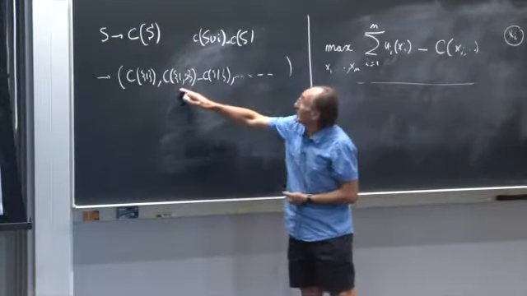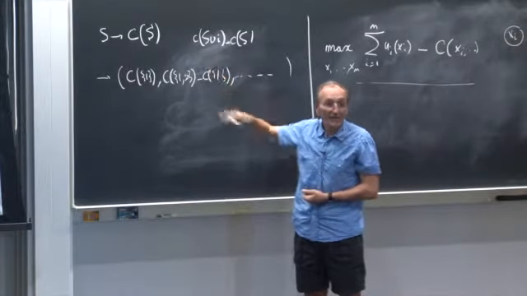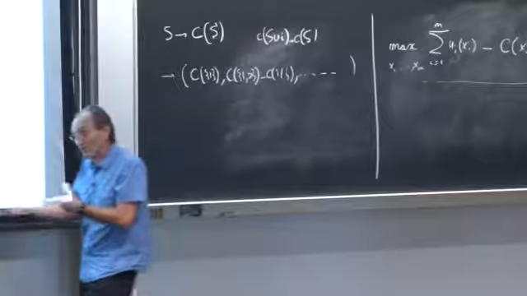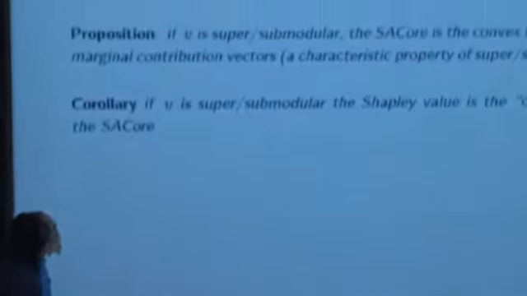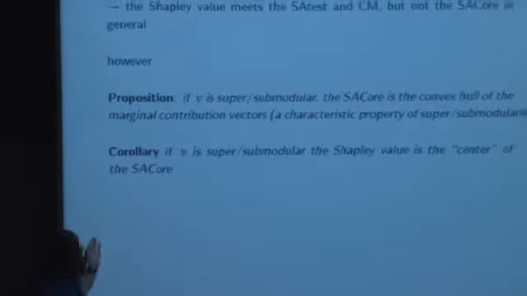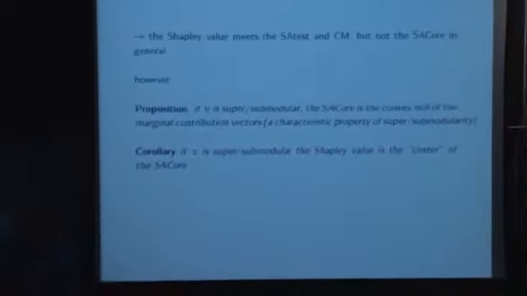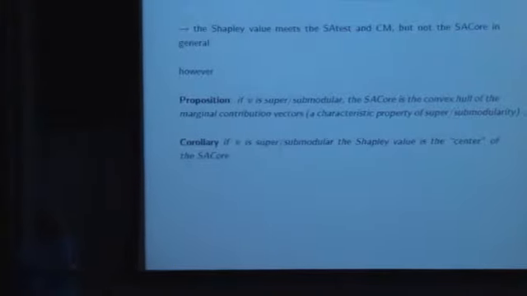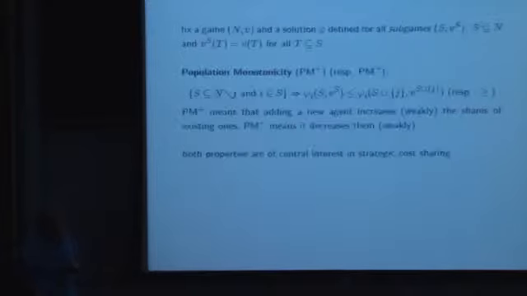Each such vector is in the core, and moreover, the core is the convex hull of those vectors. The fact that the core is the convex hull of those vectors is characteristic of submodularity. And therefore, the Shapley value is the center, in the sense of the average of all these extreme points, the center of the core.